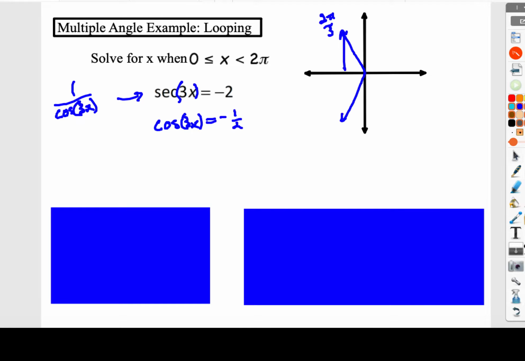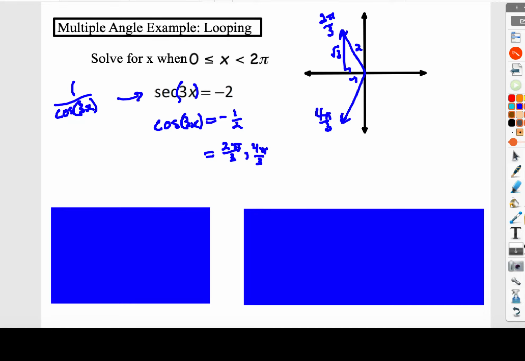If I think about my side lengths here, remember that this was always negative 1, positive root 3, and 2. So negative 1 over 2, adjacent over hypotenuse, at 2 pi over 3, and also down here at 4 pi over 3. So two of our possible answers would be 2 pi over 3 and 4 pi over 3.